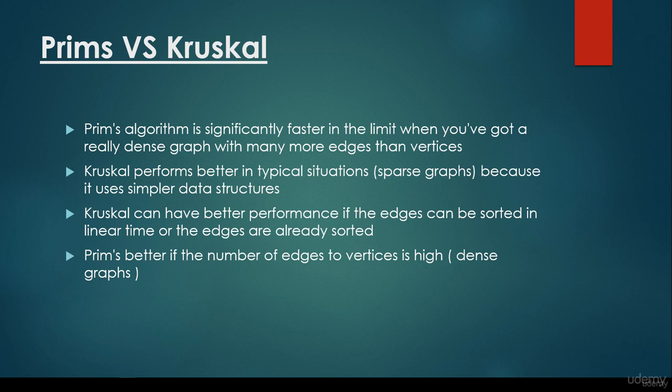In the main, for standard graphs where the number of edges is not that high, Kruskal's algorithm is going to be better. And why is it good to use Kruskal in the main? Because it doesn't have any underlying abstract data types such as the heap, and that's why it doesn't have any additional memory complexity. Okay, so that's all about Prim's-Jarník algorithm and the difference between the two minimum spanning tree algorithms.